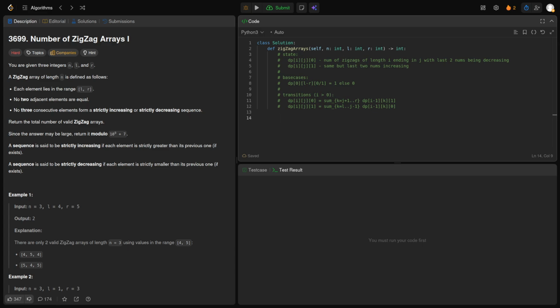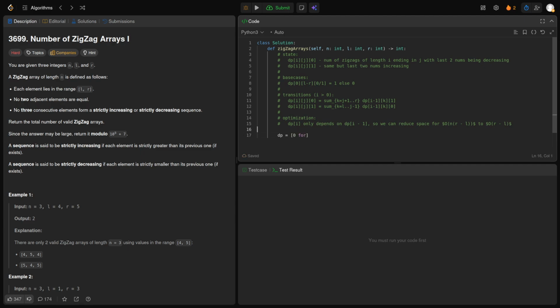We can also notice an optimization: dp[i] only depends on dp[i-1], so we can reduce space from n times (r minus l) to just r minus l. So let's try to do that.